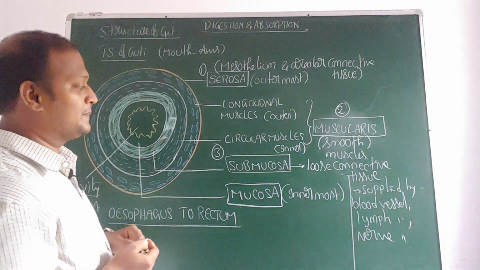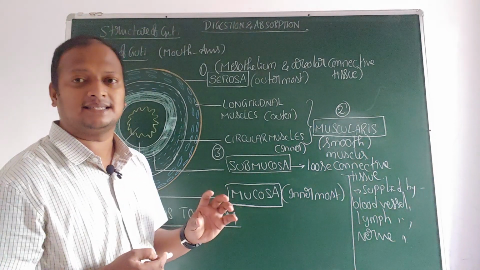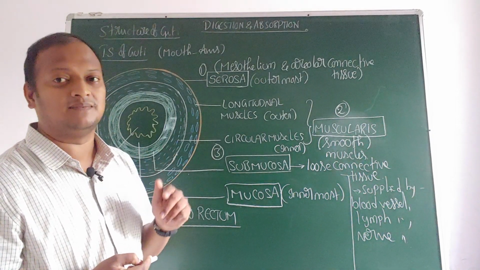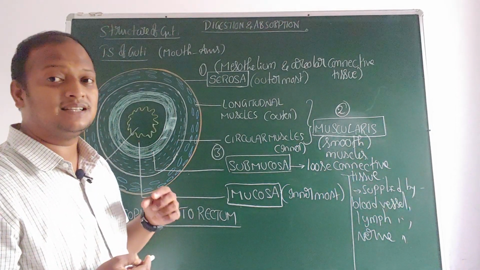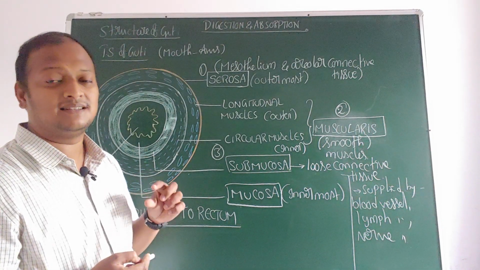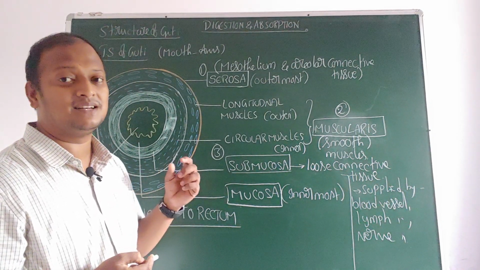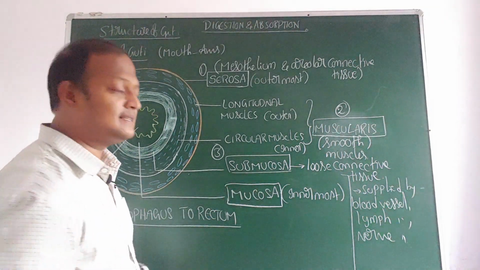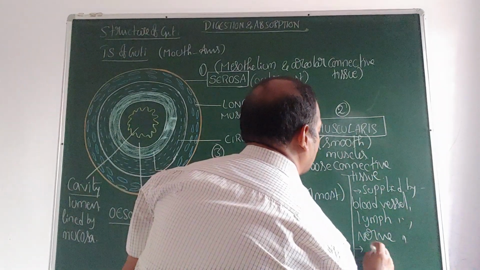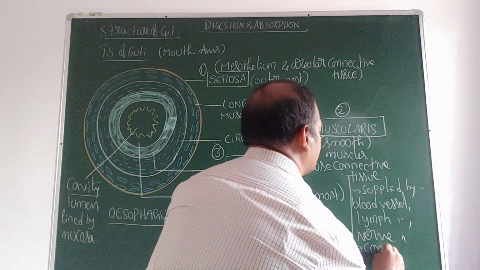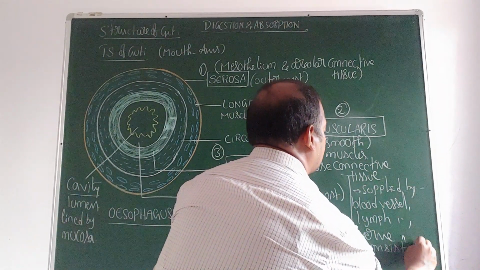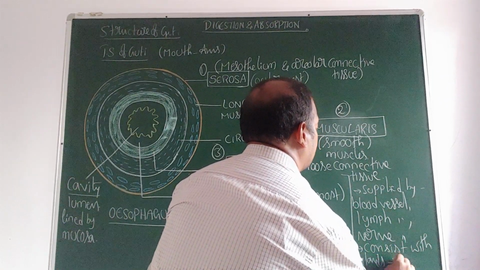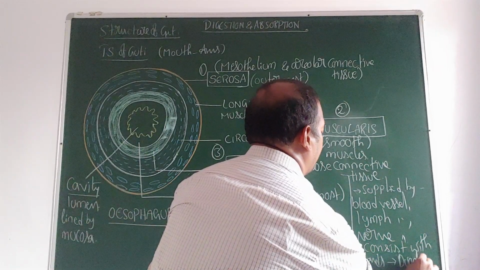For example, the submucosa consists of some glands in the region of duodenum. These glands are not present in the region of the esophagus, and the same glands are not present in the region of the stomach. Are you understanding or not? Right? Okay. So the submucosa has some glands in the region of duodenum.